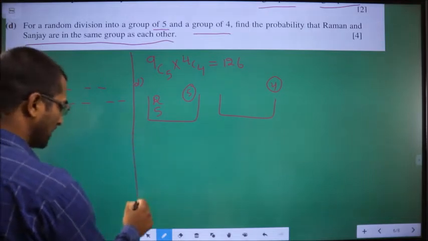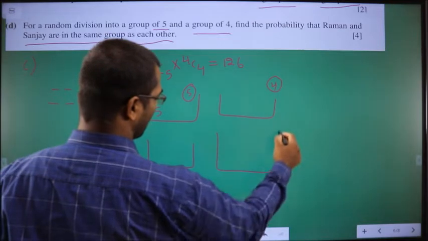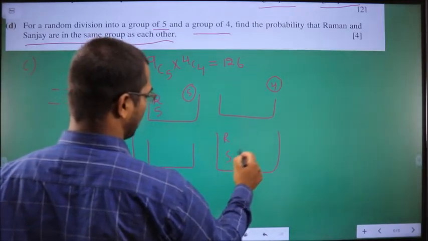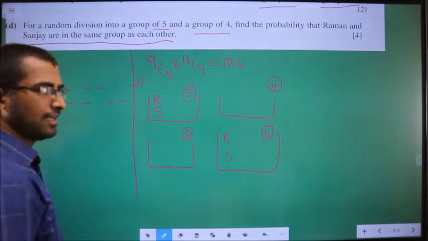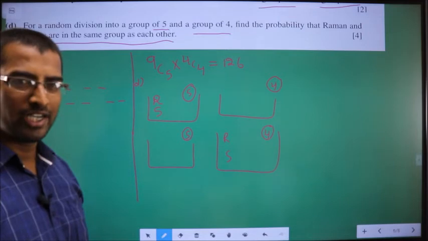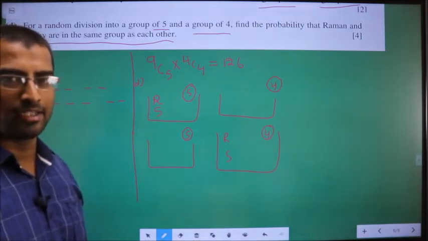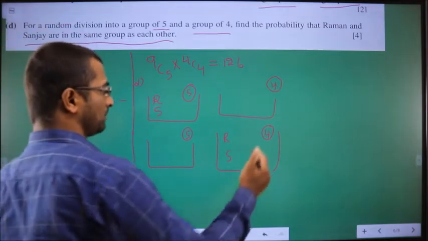Any other option will I get? The second option could be Raman and Sanjay present in the second group. Did you understand? They could both be present in the first group or second group. Only these options. I don't get any other option. Now let us write for each option what will our answer be.